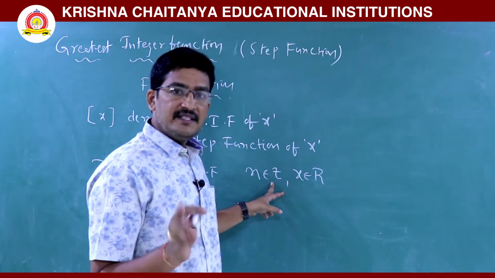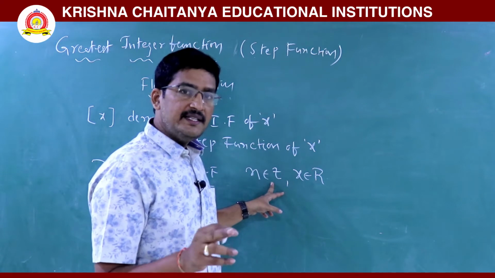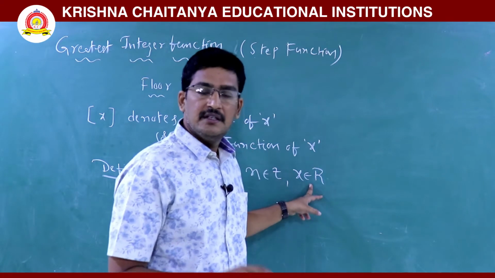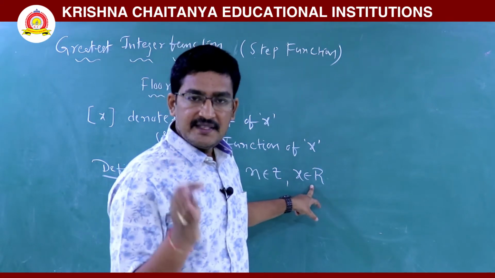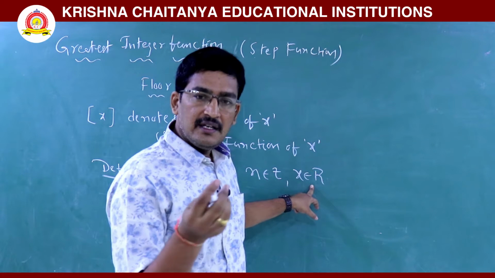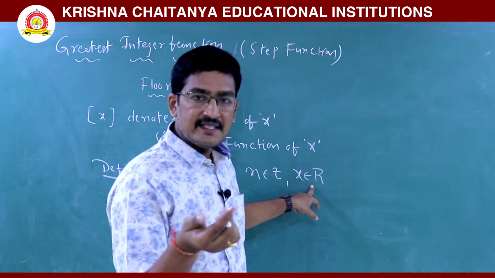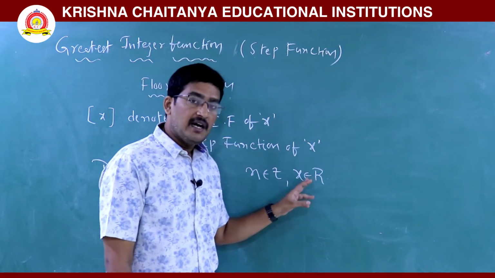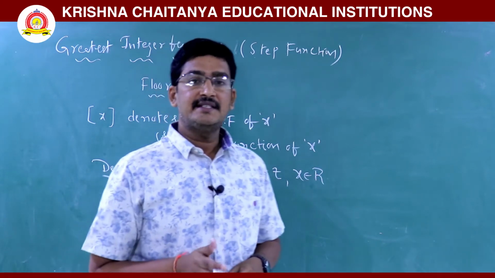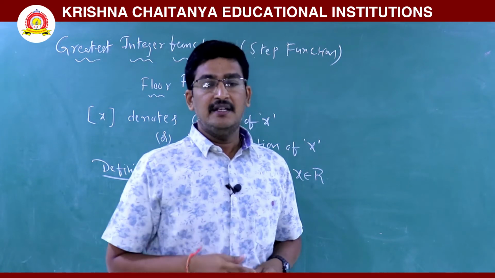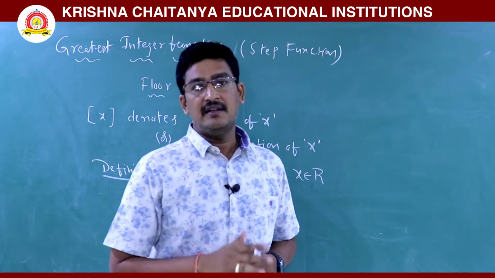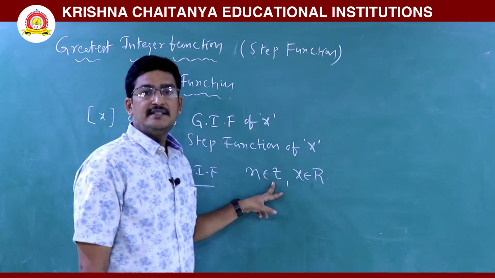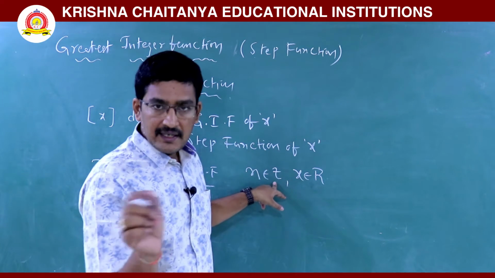What is the integer after 6? 7. What is the real number after 6? It is not 7. The real values between 6 and 7, how many? Infinitely many exist between 6 and 7. But between 6 and 7, there is no integer. That is the difference between real numbers and integers.